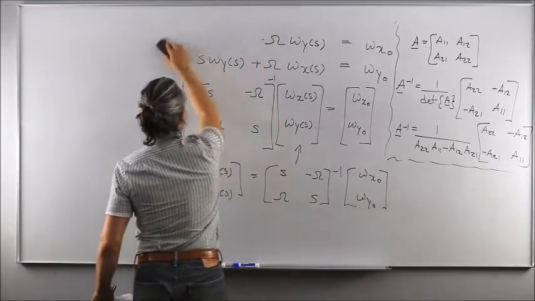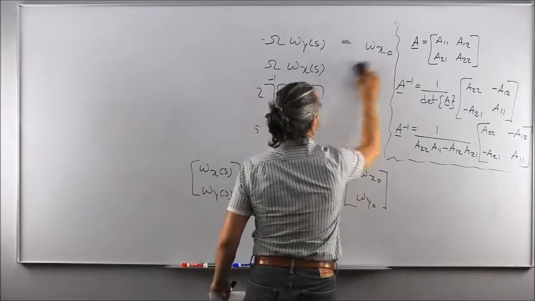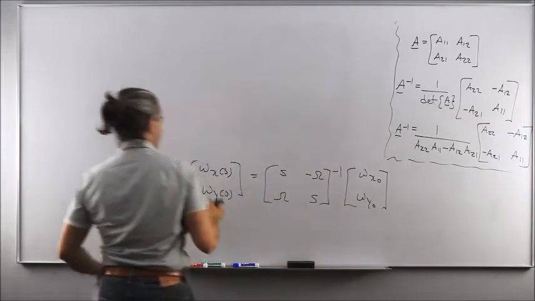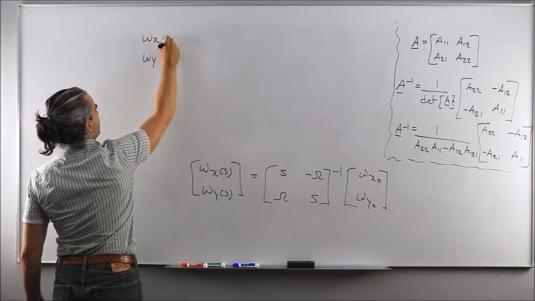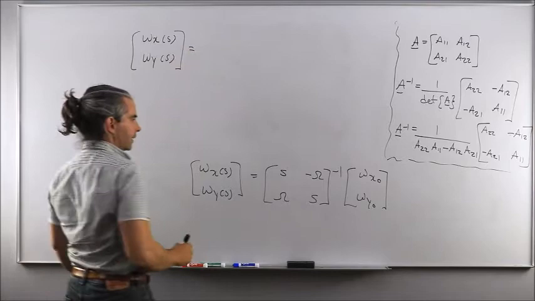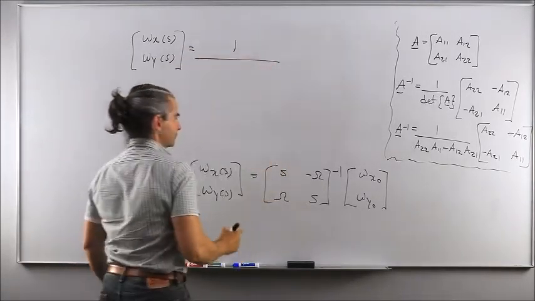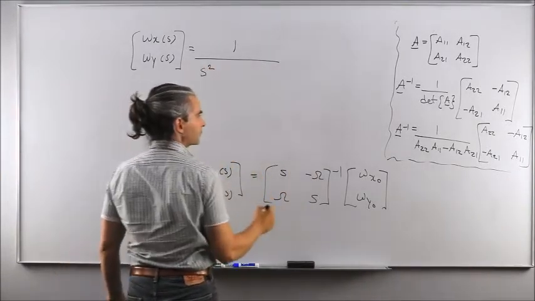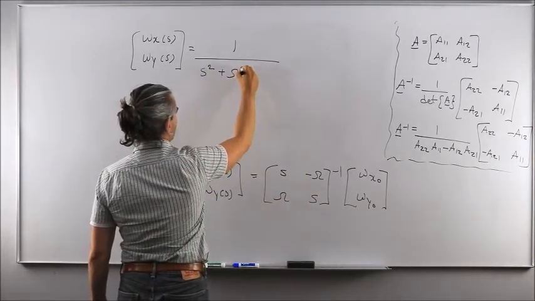So let's apply this principle to what we have to play with here. I'm going to do that on top. So for omega x, omega y, always in the S domain, we're going to get inverse of this. So 1 over the determinant, which is going to be S squared minus this times this, so plus relative spin rate squared.